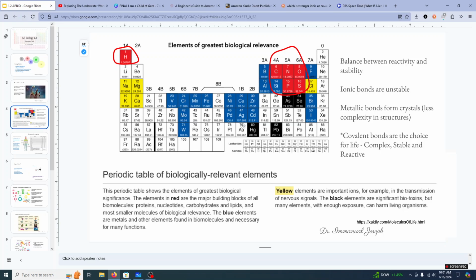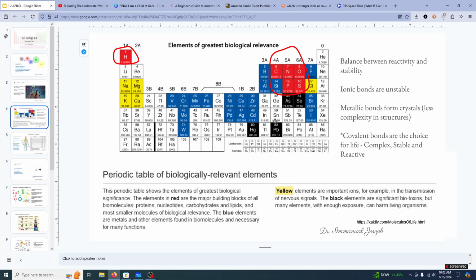So if you remember in our last chapter, we looked at 3 major chemical bonds. We looked at covalent bonds, which involves sharing of electrons, and we saw that there were polar and non-polar covalent bonds, depending on whether the electrons are shared equally or not.